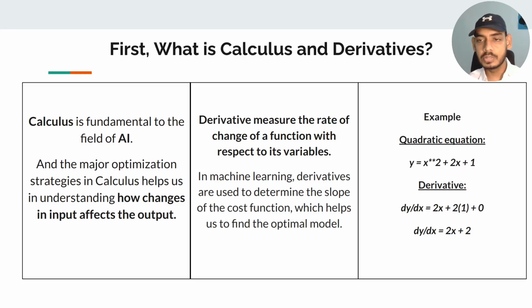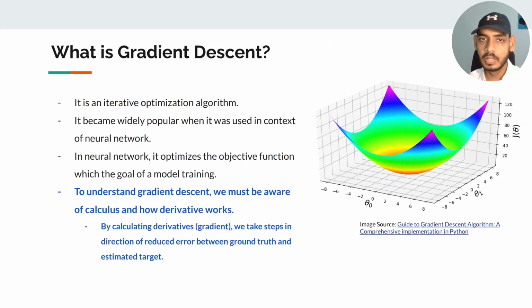Now we'll use this function to understand how gradient descent looks mathematically and in code as well. So what is gradient descent? It is an iterative optimization algorithm. It is not like you have one function, apply certain values, and get the output. It has to run iteratively until a certain condition is satisfied.